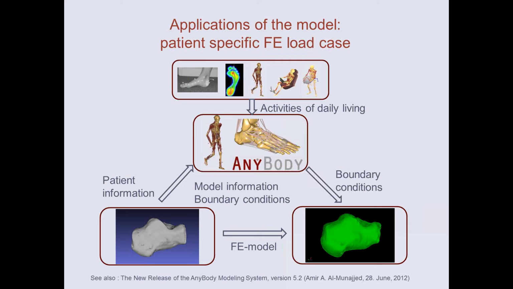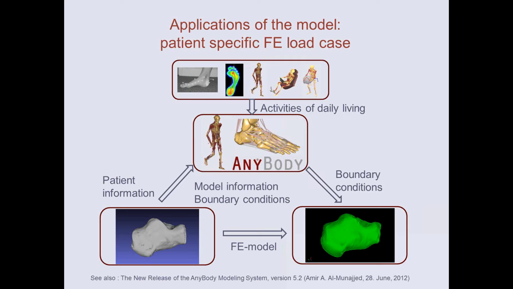This is something we have been doing for some time in AnyBody with other body parts and other bones, for the hip joint, the femur bone, for example. The new thing is that now we can do it for specific, detailed parts of the foot. So, for example, I chose today the case of the calcaneus bone.